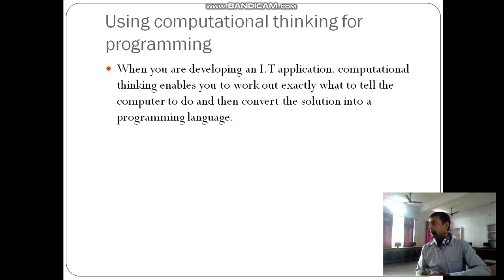Means if you have an idea to implement, then definitely you must accomplish it within time, and how you will explain it to the computer should be very clear in your writing. Then convert the solution into a programming language. So whatever you are writing in a programming section, it should be understood by the computer. So this is called computational thinking of programming.